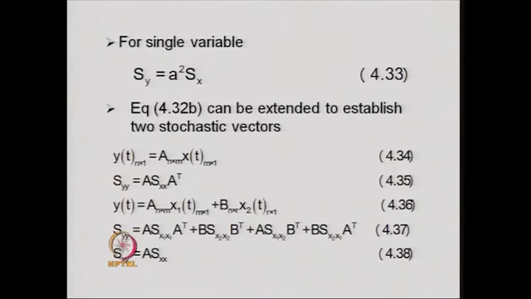So, this is the basic relationship that exists between two sets of random variables connected by a coefficient matrix.